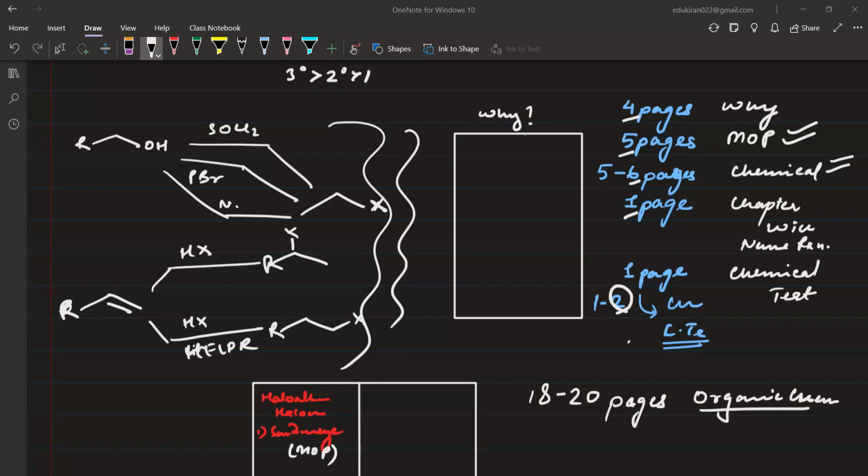Last year, out of every 4 students in my batch, 1 student scored above 90%. The ratio is quite high.